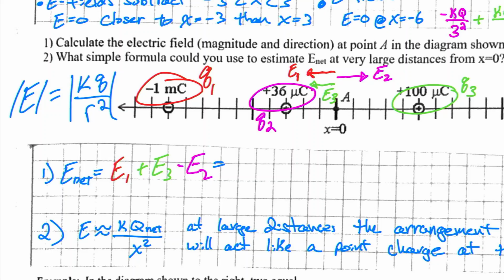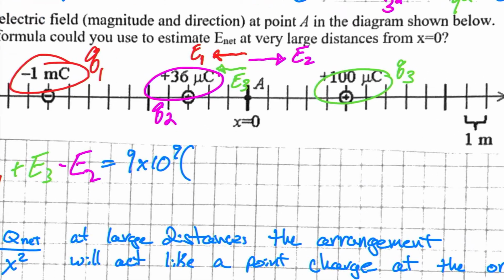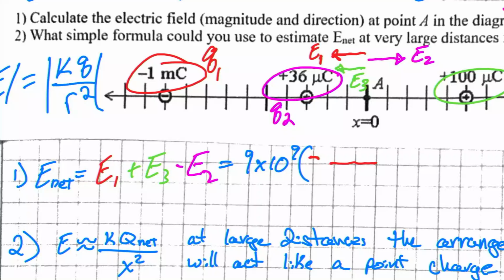And that's going to give us K. Remember, since K is common to all of them, we can take it out front. That's 9 times 10 to the 9th times, and we're going to have a negative, and this would be Q1 over R1 squared. Oops, I made a mistake back here.